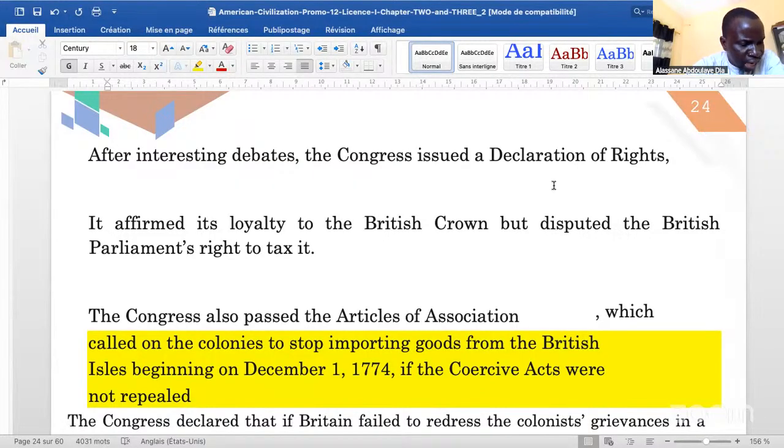You get my point, class? It means in the Declaration of Rights, they wanted to show to the British Parliament that they recognize that they are ruled by the British, but also they mention their frustration. They are not happy to be imposed taxes.